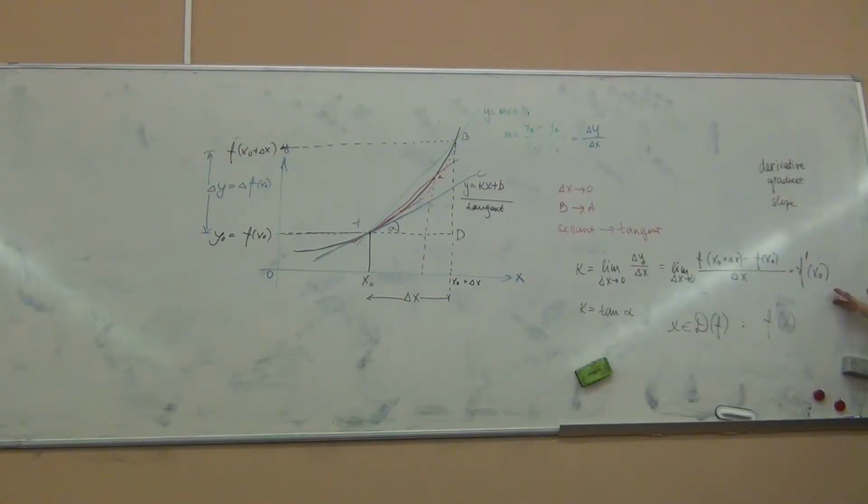So for every point of the domain of this function, of course I have the values of the function f, but now I also have some other values. A new function, which is, in a way, derived from the previous function. It's obtained from the previous function. So to derive actually means to obtain from the previous function.